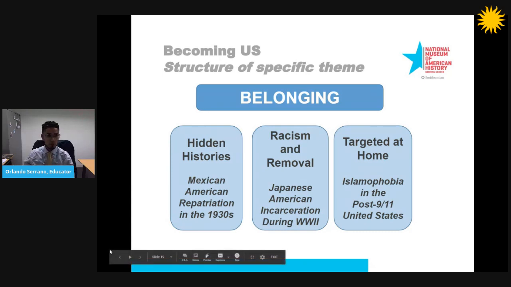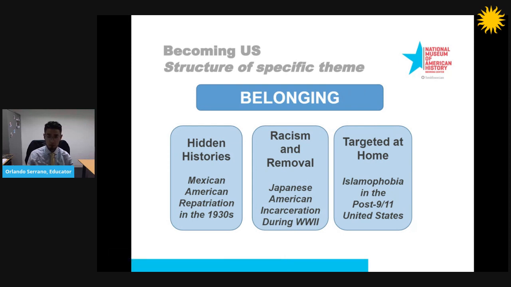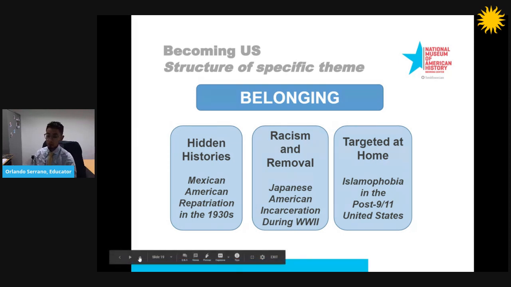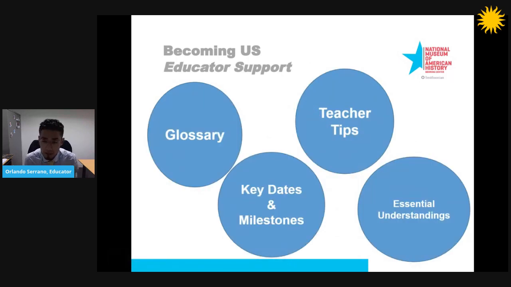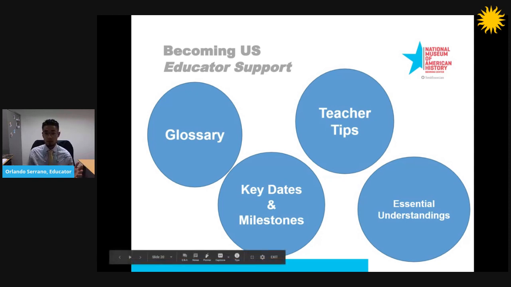And in addition to the themes and individual case studies, we are also building in some educator supports. There are 4 main buckets that these fall into. So one is a glossary, and we will go over the glossary because, quite frankly, that's one of the most useful tools, regardless of how many, if any, of the case studies you decide to use.